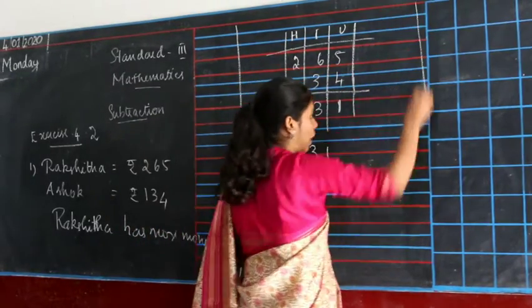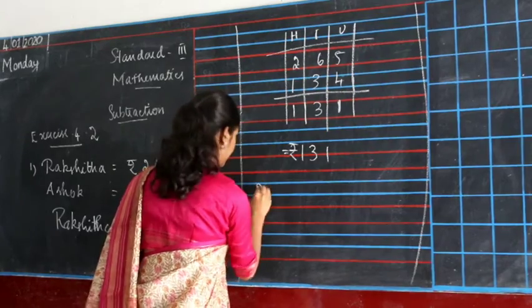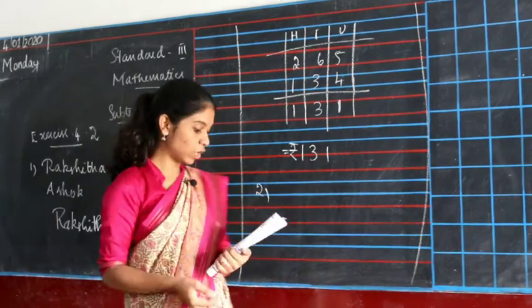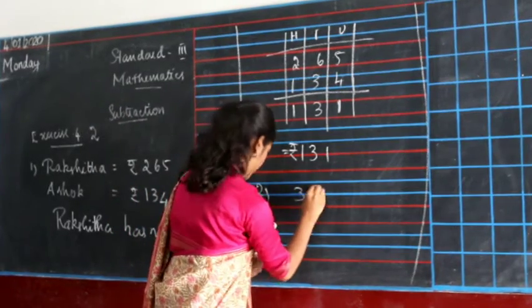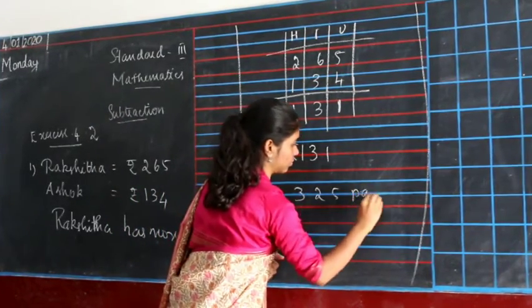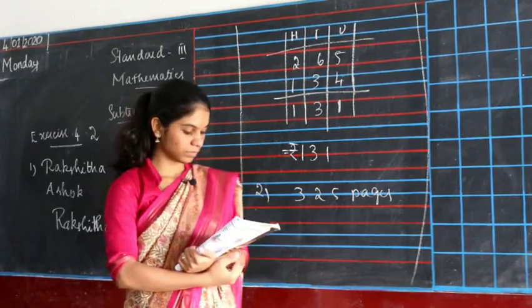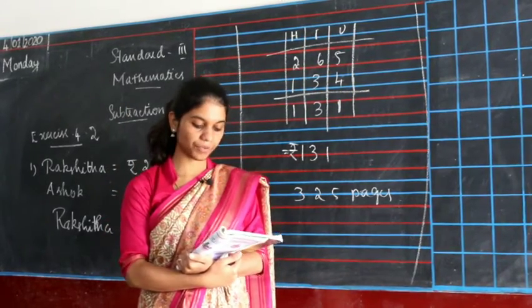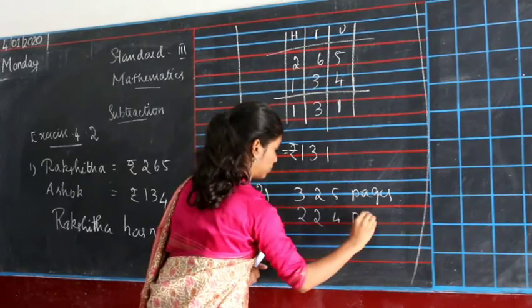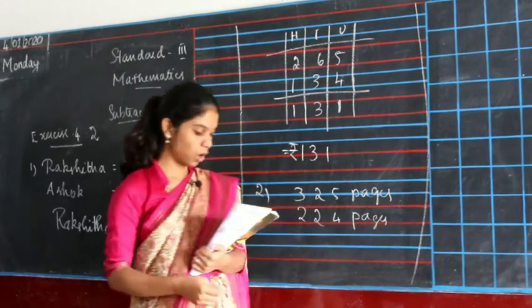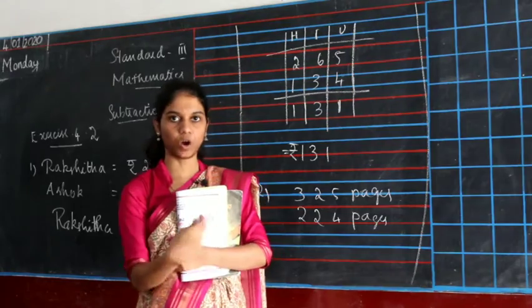Okay. So now we are moving on to the next sum. He is reading a novel containing 325 pages and he has already finished 224 pages. So how many pages is he yet to read?